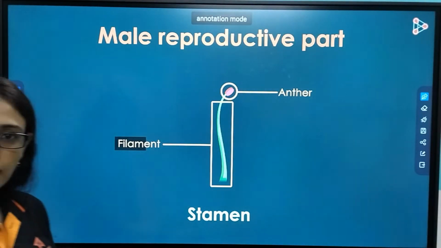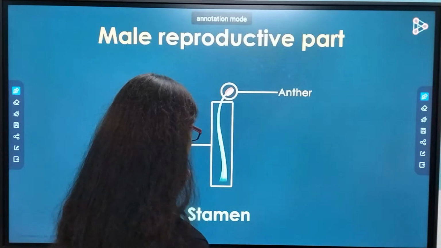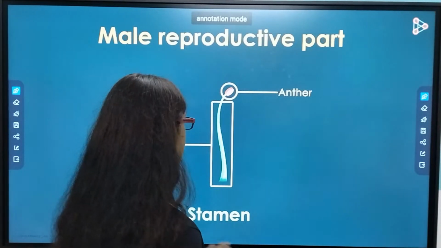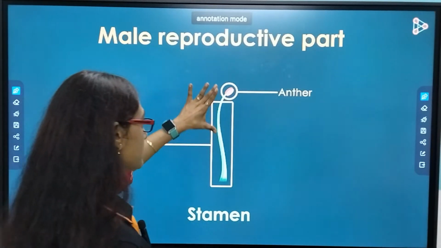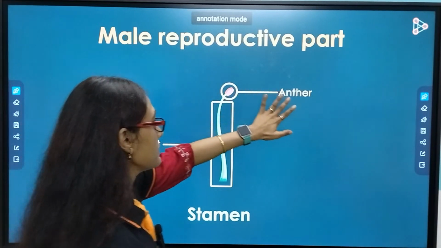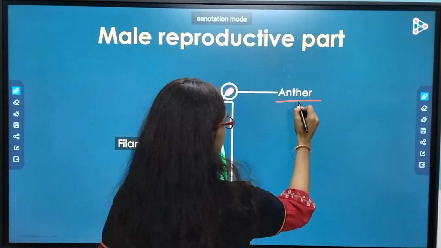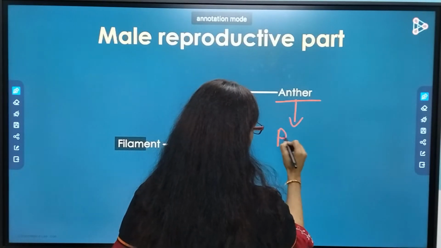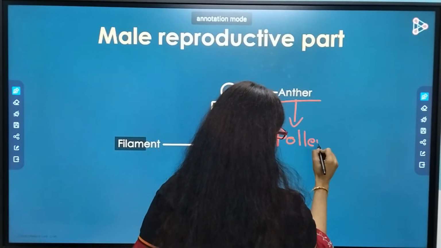Similarly, we have the male reproductive part which is known as stamen. It is divided into two parts. The upper part is known as anther and this produces pollen grain.